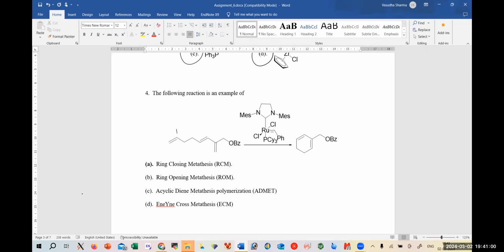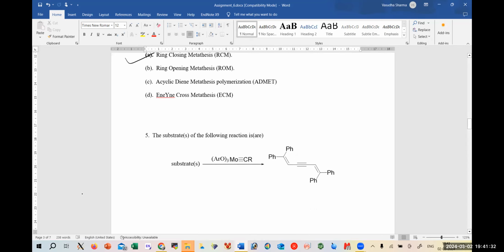We can already see 1, 2, 3, 4, 5, and this part is your 6, and this is 6, this is 1, 2, 3, 4, and 5, and this is your ring closing metathesis. It's very straightforward. Then the substrate of the following reaction is.